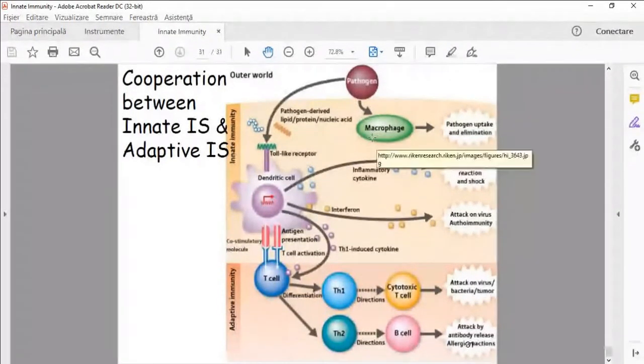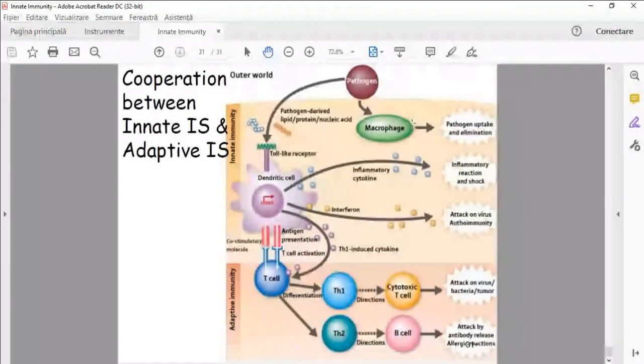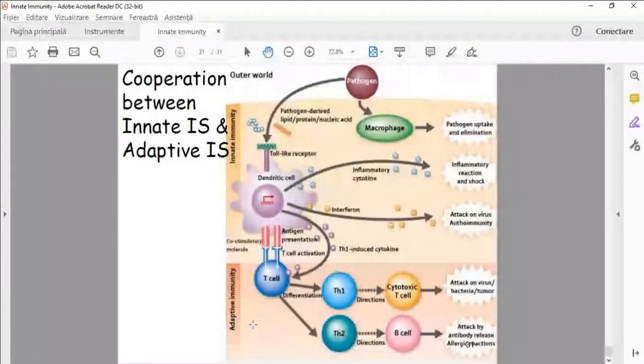The cells of innate immunity include macrophages, which are also able to process the pathogen and to present epitopes to the specific lymphocytes. Dendritic cells belonging to innate immunity are also able to present epitopes to the specific lymphocytes, which is the first step in order to trigger an adaptive immune response.